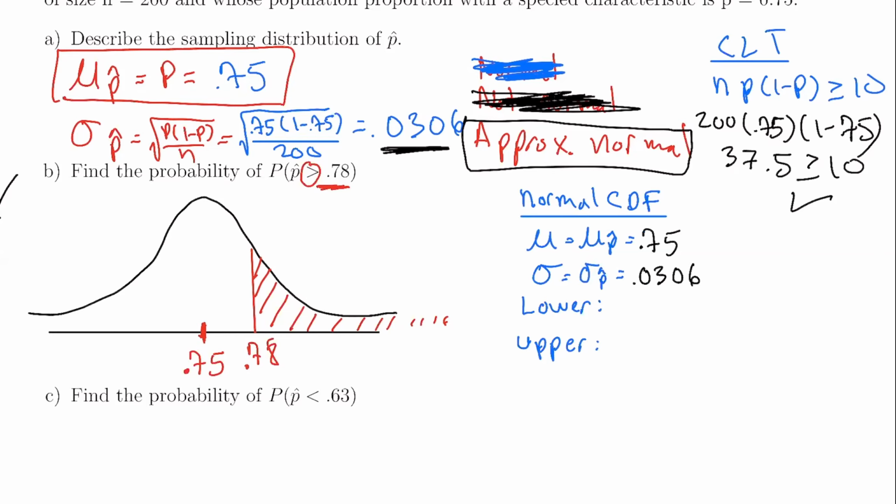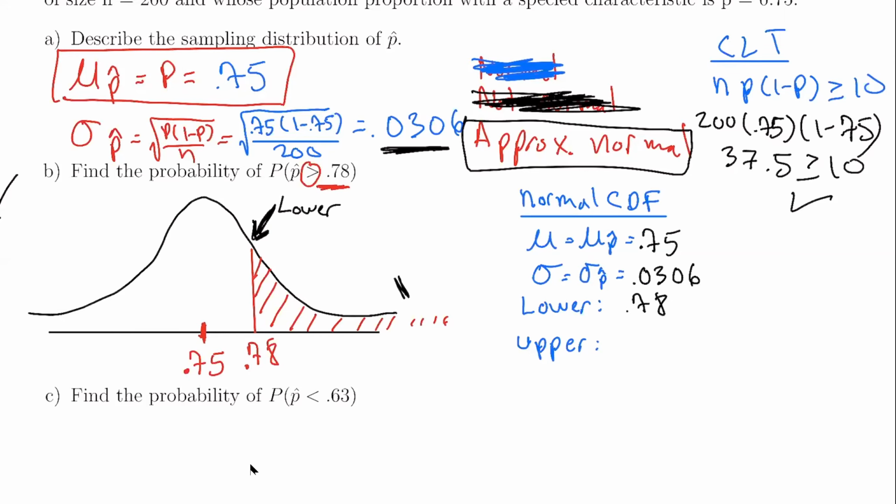Lastly, the lower bound is the lowest value that gets shaded. The lowest value that gets shaded is 0.78, so that's our lower bound. You put 0.78.